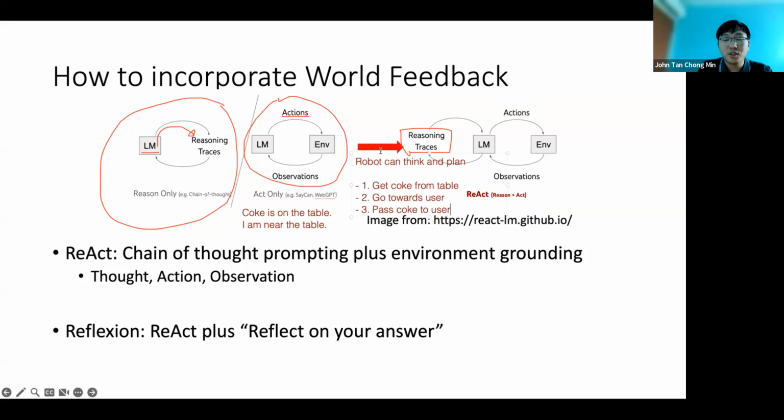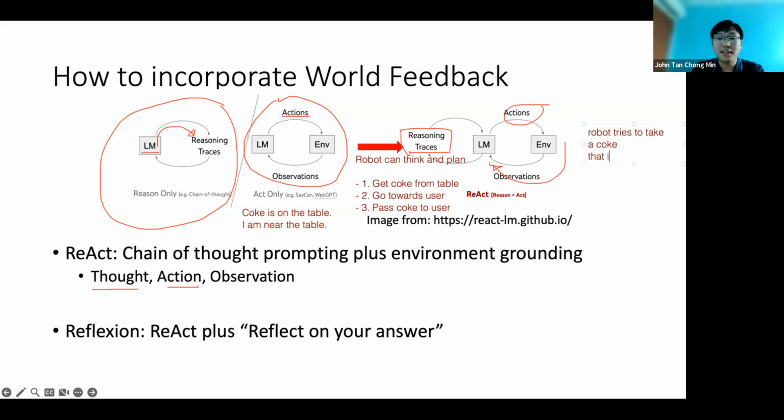So with this, you can do some form of thought, like how am I going to achieve this outcome? And with that thought, you can then ask it to choose a relevant action. After the action is done, the environment will give feedback. For example, if the robot tries to take a coke that is not there, the environment feedback will be: coke is not present.